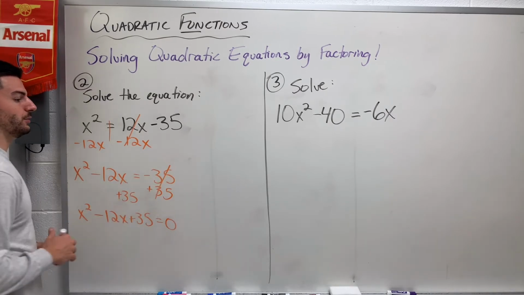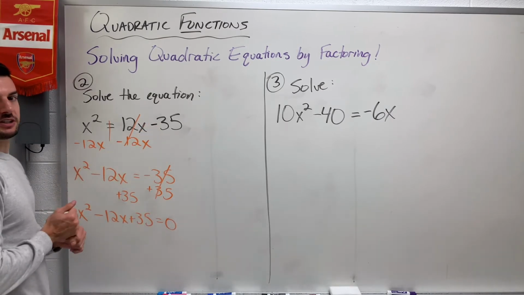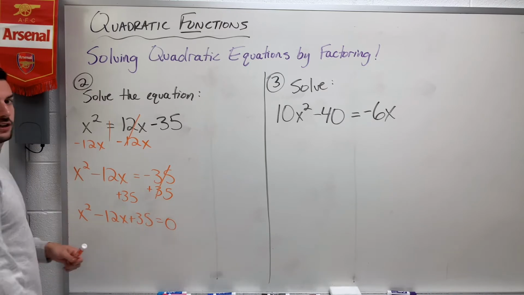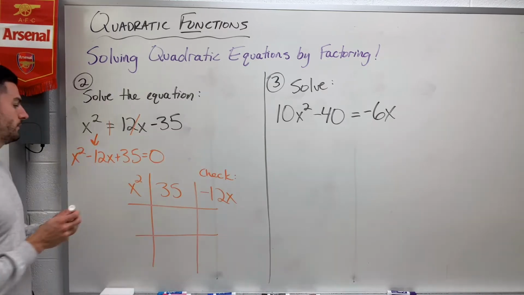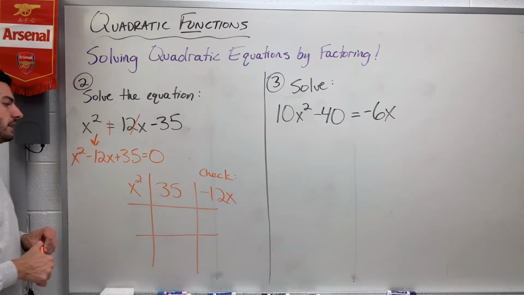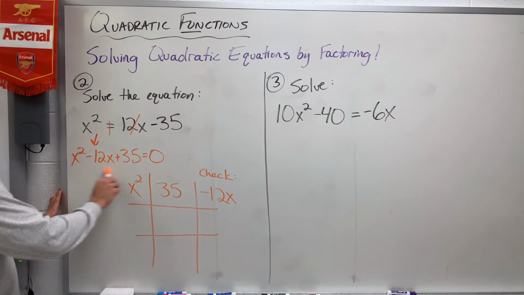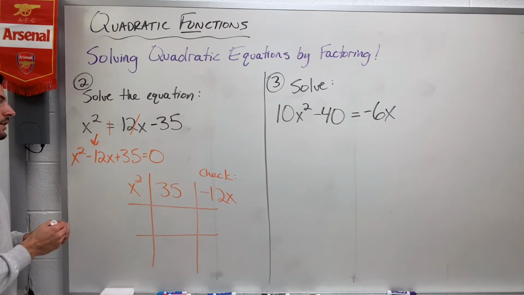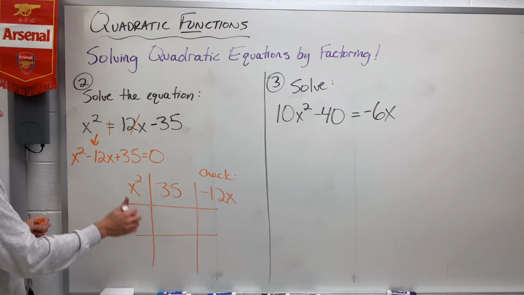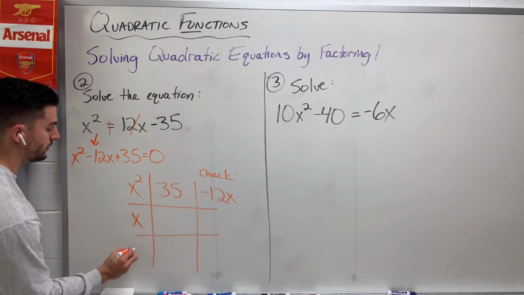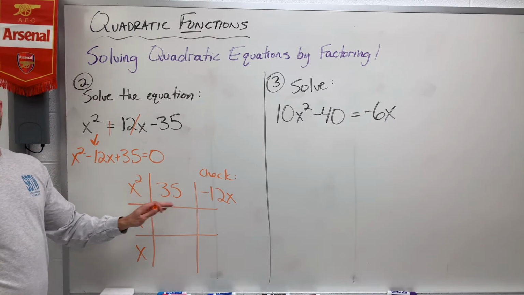And I'm not going to have enough room here, so let me erase and draw my tic-tac-toe board, because that's how we would factor this, and let's do it. Okay, so I've got my tic-tac-toe board here, all set up with this trinomial. So again, I'm filling in x squared is x times x, and then 35.